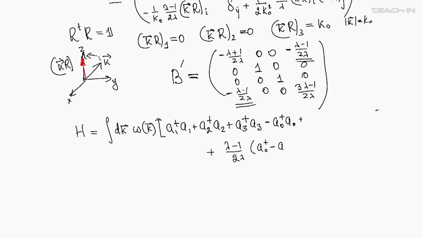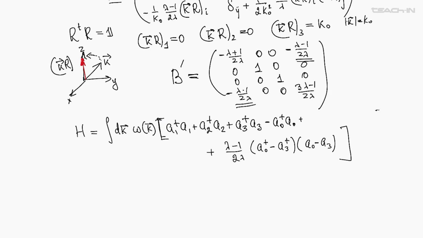So this is already the normal ordered form of the Hamiltonian. And this is how it looks like. The Hamiltonian for generic lambda is non-diagonal because of interaction of a0 and a3, of these time-like and longitudinal photons.